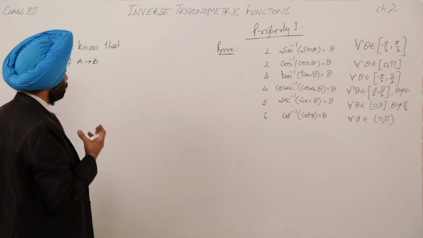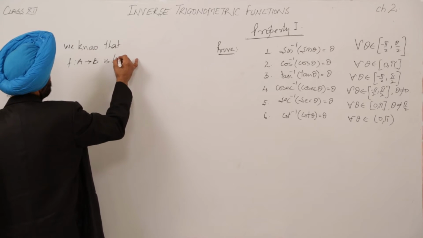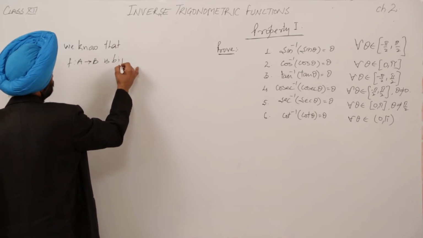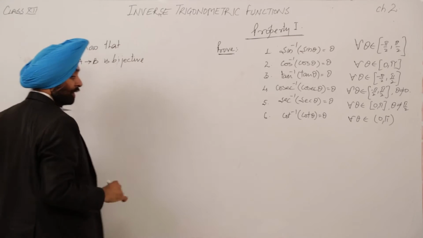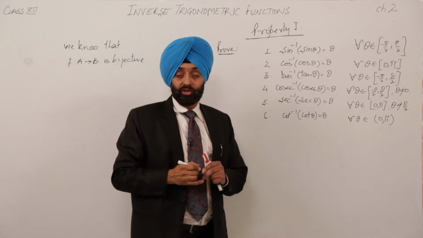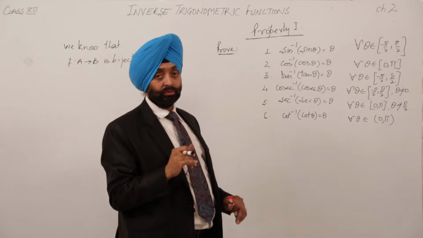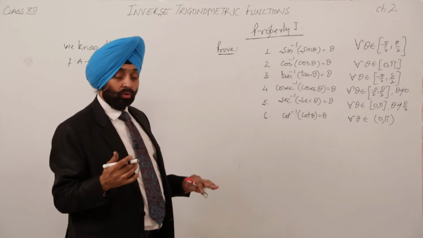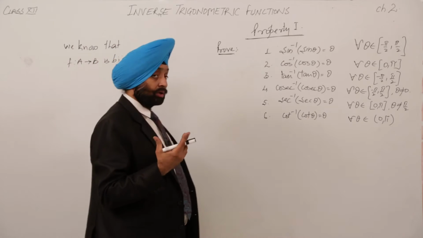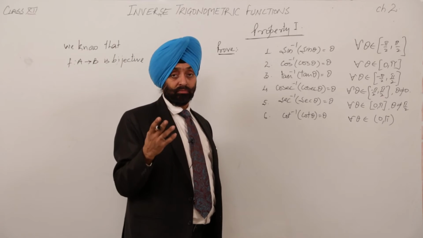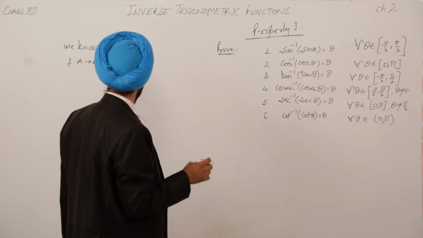So we know that a function from A to B, we did a lot of questions in relations and functions. A function from A to B is bijective when a function is one-one and onto, and I explained very clearly how the trigonometric functions are bijective. In class 11th, earlier also, I explained that these are not one-one or onto functions.